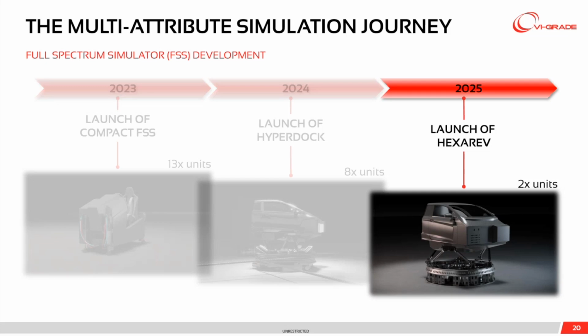We were missing something in the middle, like a 6 degrees of freedom platform. Here comes the HexaRev, which is again a smaller system, of course cheaper compared to a full DIM FSS. It's quick, it's rigid, and of course it can be equipped with the HyperDock as well for both handling and NVH evaluations.